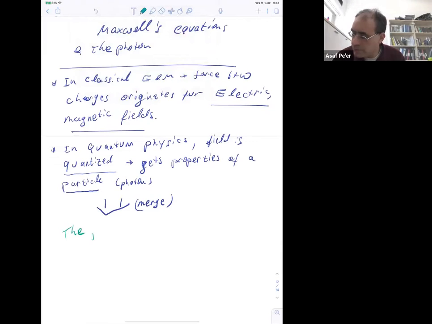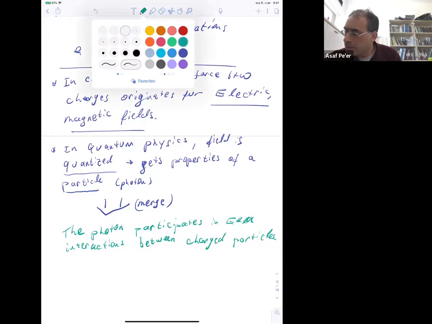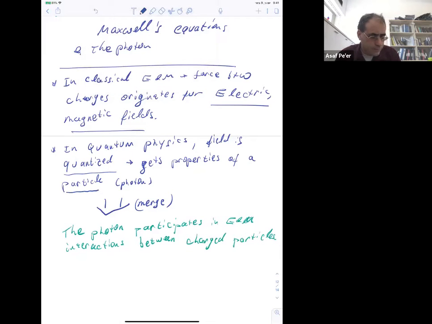Each interaction is really described by photon exchange.